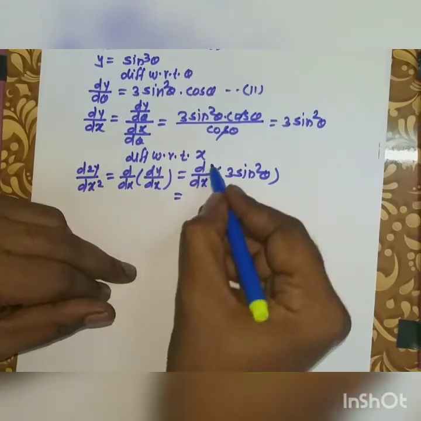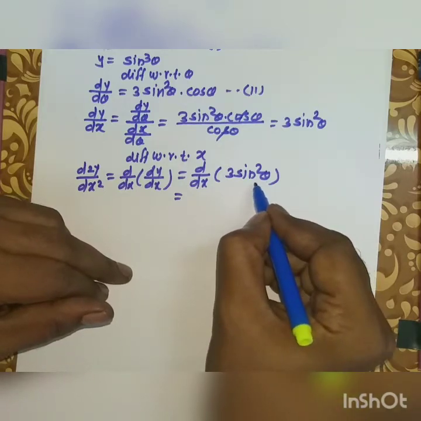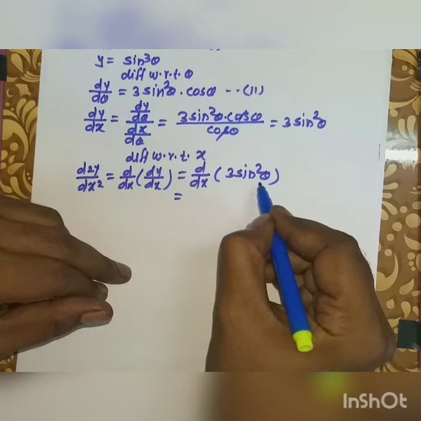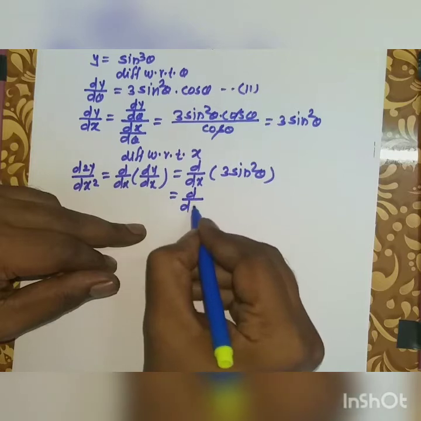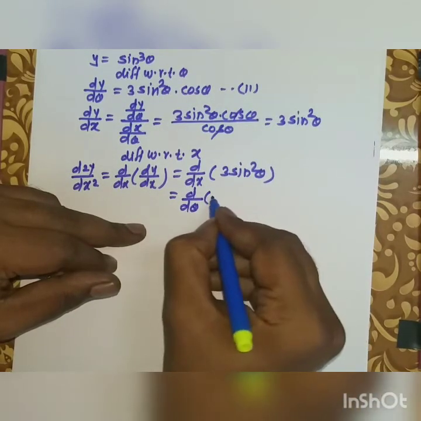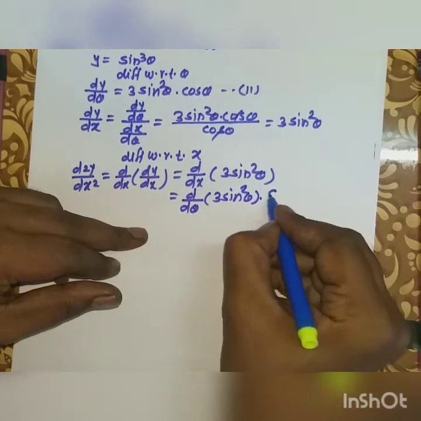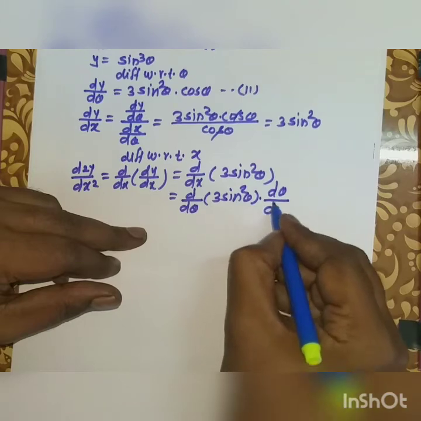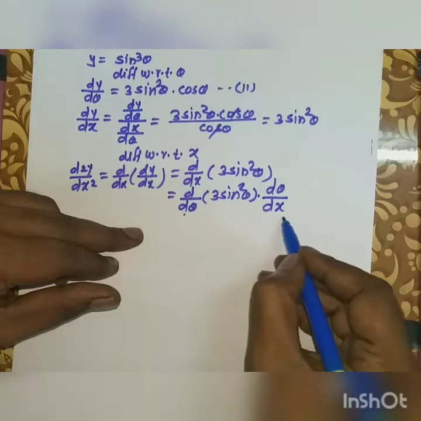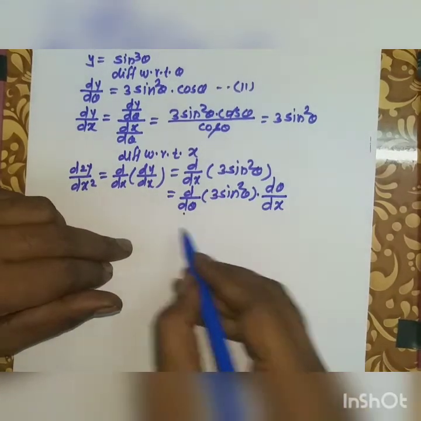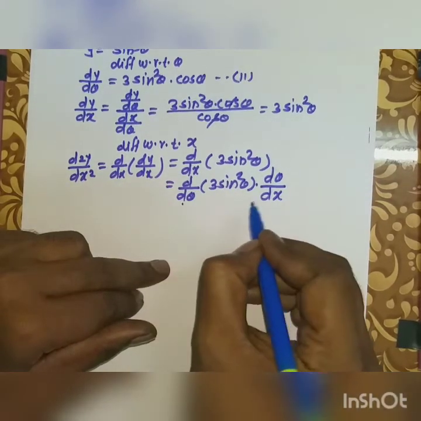Now here we find the derivative with respect to x, but the function is in terms of theta, so we cannot find its derivative in this way. Therefore change the variable in this way: d d theta of 3 sin square theta into d theta divided by dx. This d theta and d theta will be cancelled, then we write d dx. That means there is no change, only an adjustment to find the derivative of 3 sin square theta in terms of theta, not in terms of x.